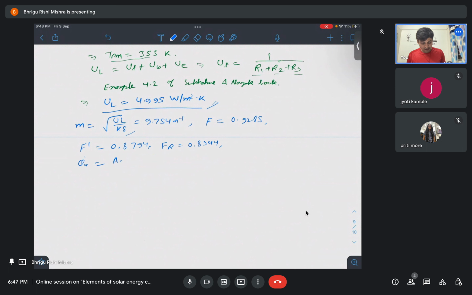It is Ac FR times S minus UL into TFI minus TA. Putting all the values, it is 888.3 watt. So we have this, and we can also calculate the loss, and the loss is Ac into S minus QU dot.